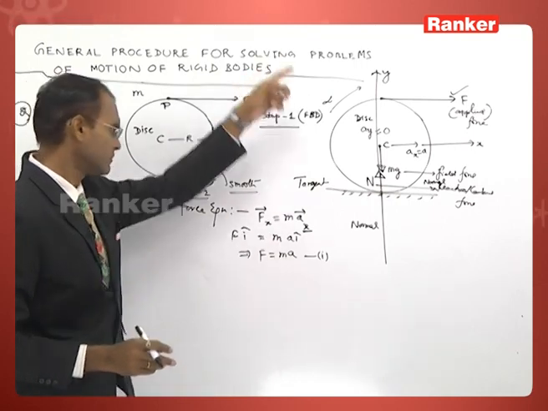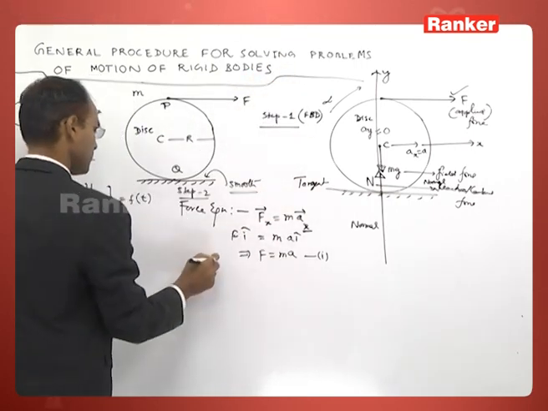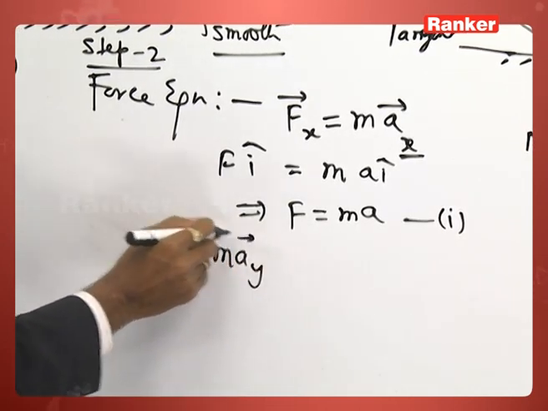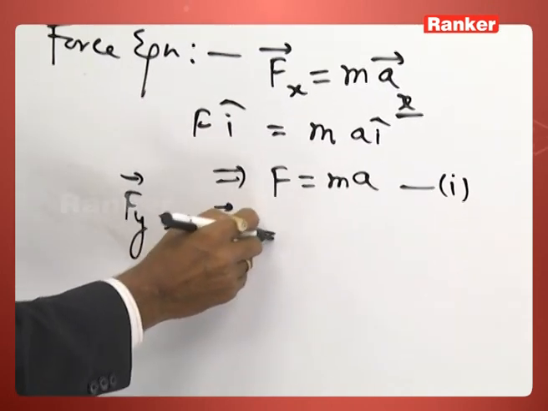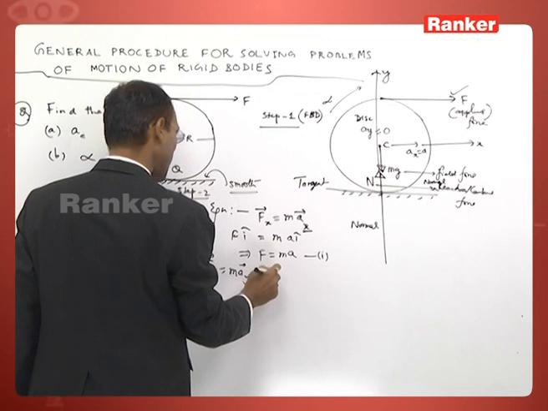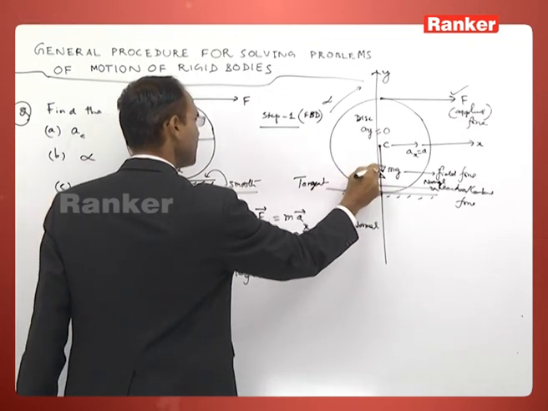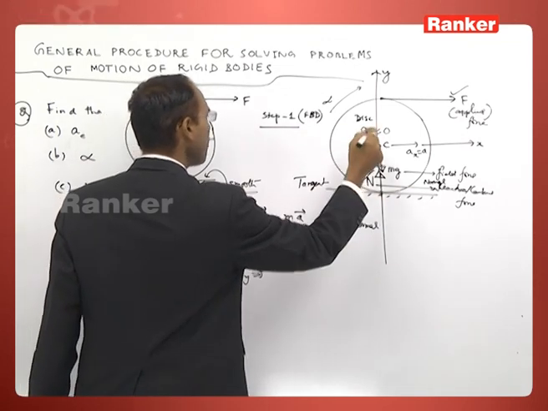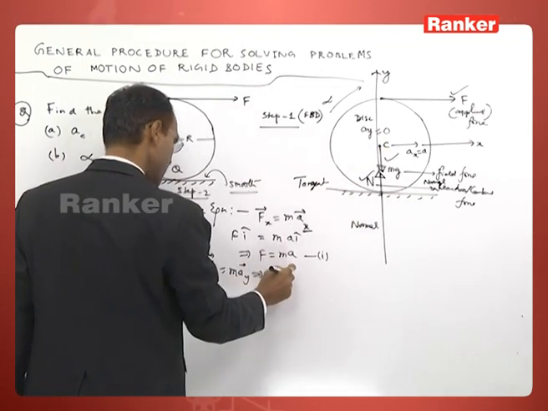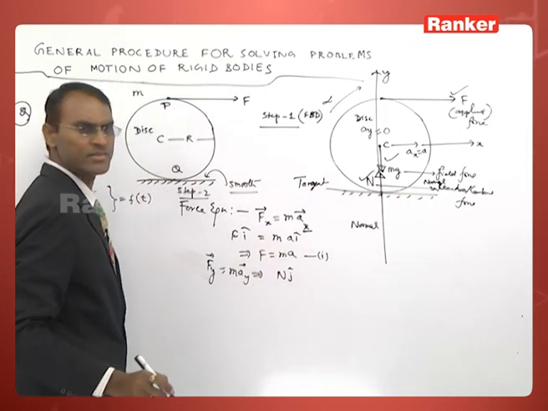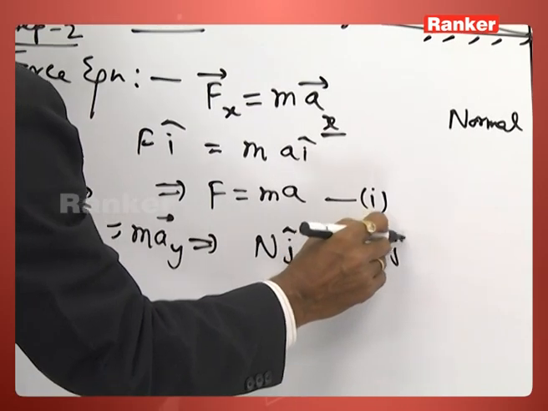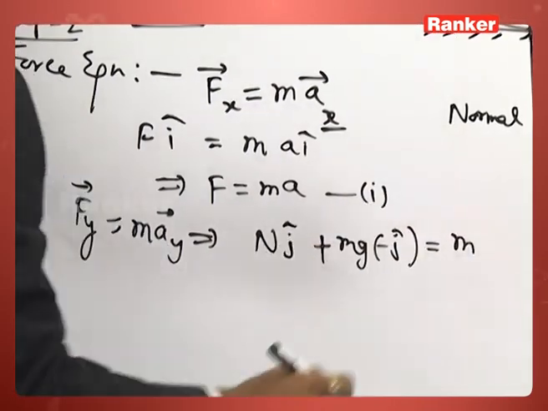Force equation along y direction, F_y is equal to m into a_y. What is F_y? Force acting in y direction. We have two forces, the normal reaction force and the gravity force. Normal reaction force is acting up, therefore it is N j cap, and gravity is acting down, therefore mg minus j cap, equal to mass times acceleration.